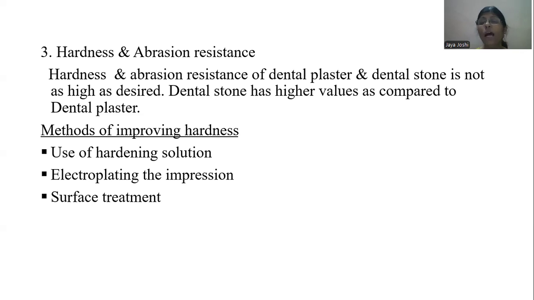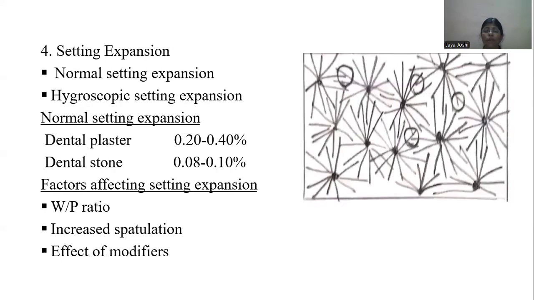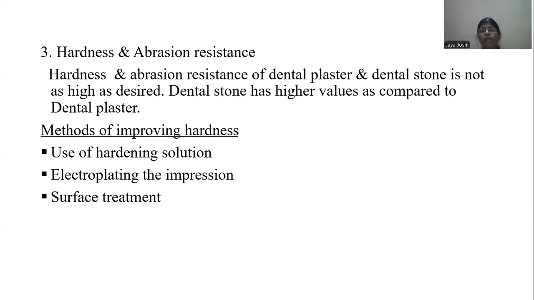Number one, you can use a hardening solution so that it will make the surface hard or abrasion resistant. Then electroplating of the impression before pouring the cast will also increase the hardness. And if you do surface treatment of the cast with acrylic or acetate, citrates, polyesters, then that will definitely improve the hardness of the material. So that is about hardness and abrasion resistance.